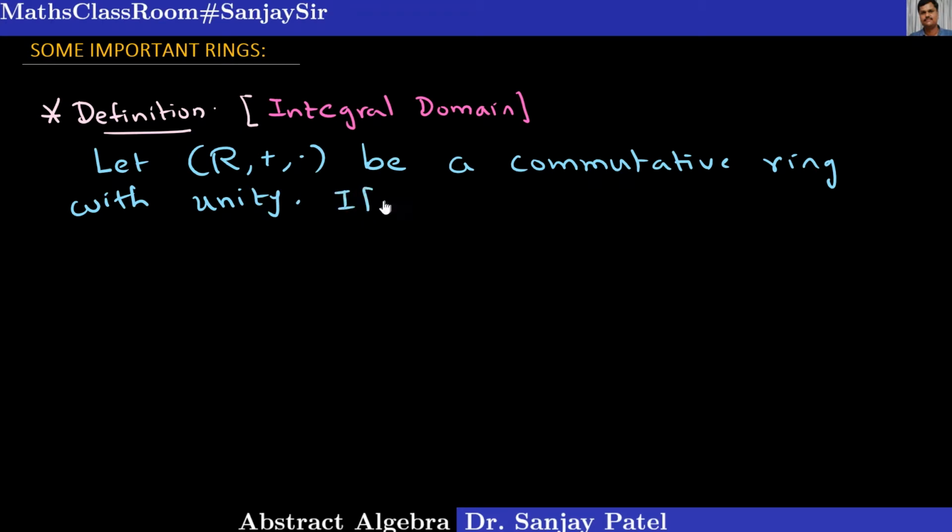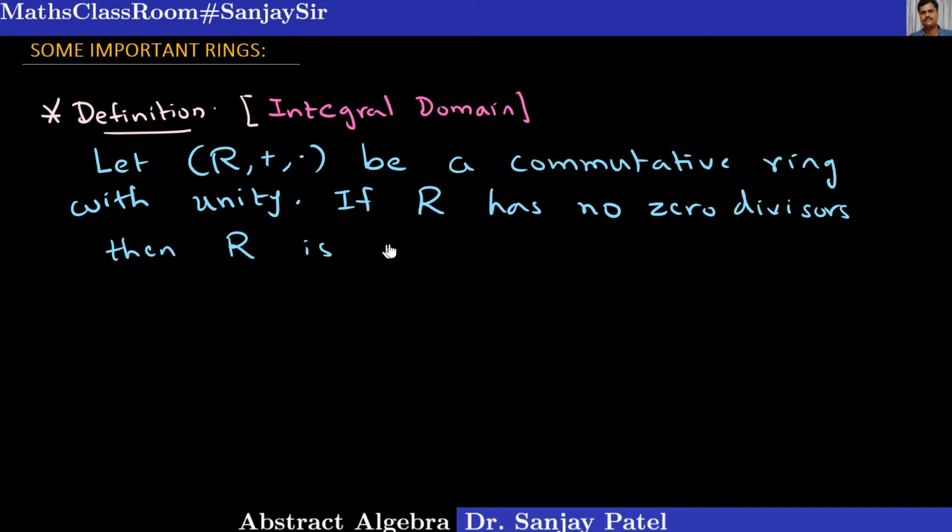If the ring R has no zero divisors, then R is said to be an integral domain. We have already defined what is the meaning of zero divisors.